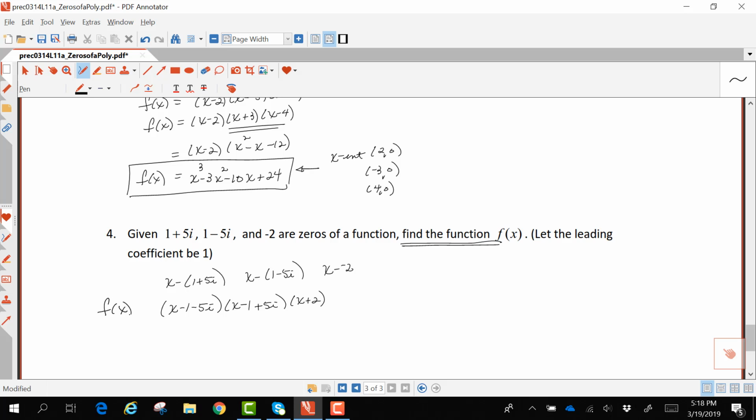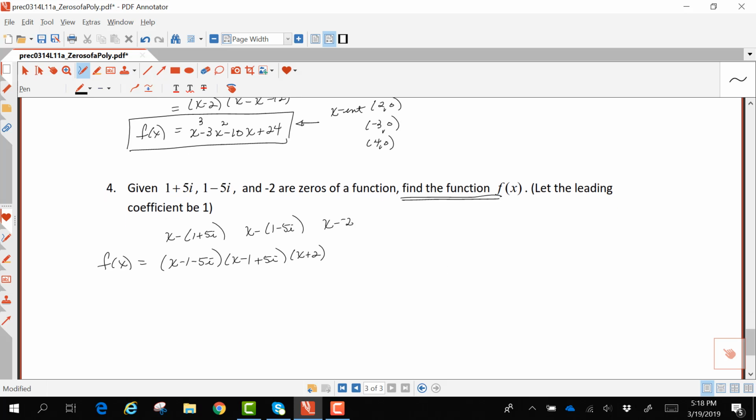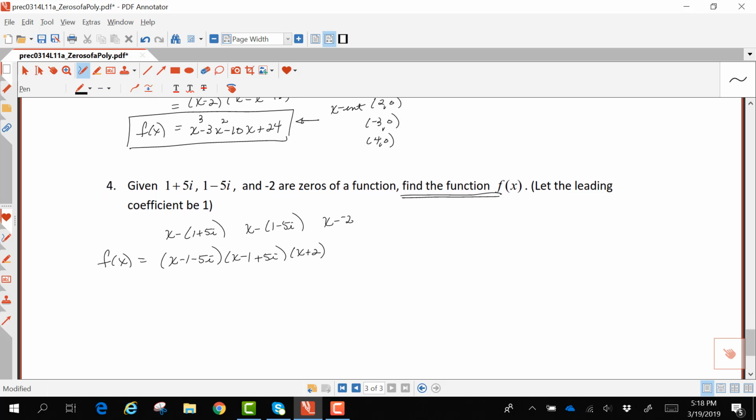This is your function. Now when you multiply this out, again it's a rather lengthy process, but the trinomial times the trinomial will turn out to be an x squared minus 2x plus 26, noting that the imaginary number is absorbed in the algebraic process.